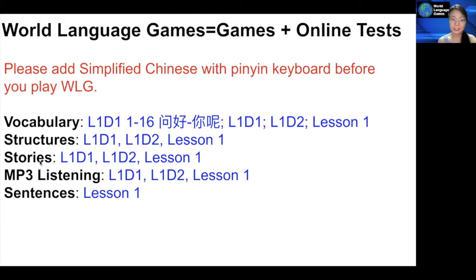For stories, it is also divided by dialogues and lesson. To listen to MP3, to practice your listening skill, same thing. It is divided by dialogues and lesson. To practice sentences, you can only select a lesson, because each lesson would have only 8 to 11 sentences for you to practice.